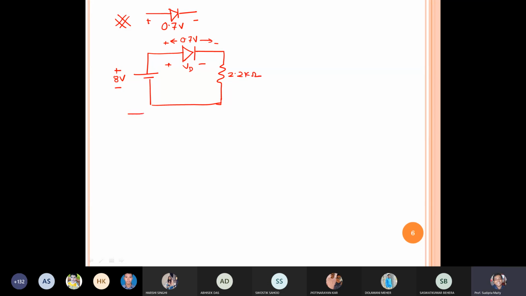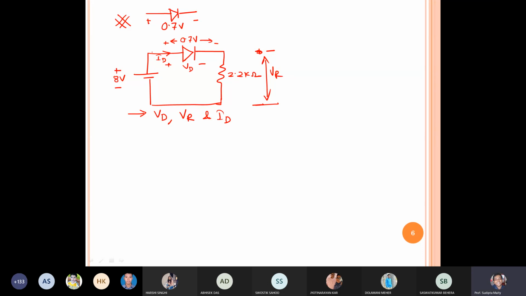I have to find VD, I have to find VR. This is my VR. Let's not give any sign right now. And ID, so it is my current ID. I have to find it. Is it clear? The problem statement is clear.